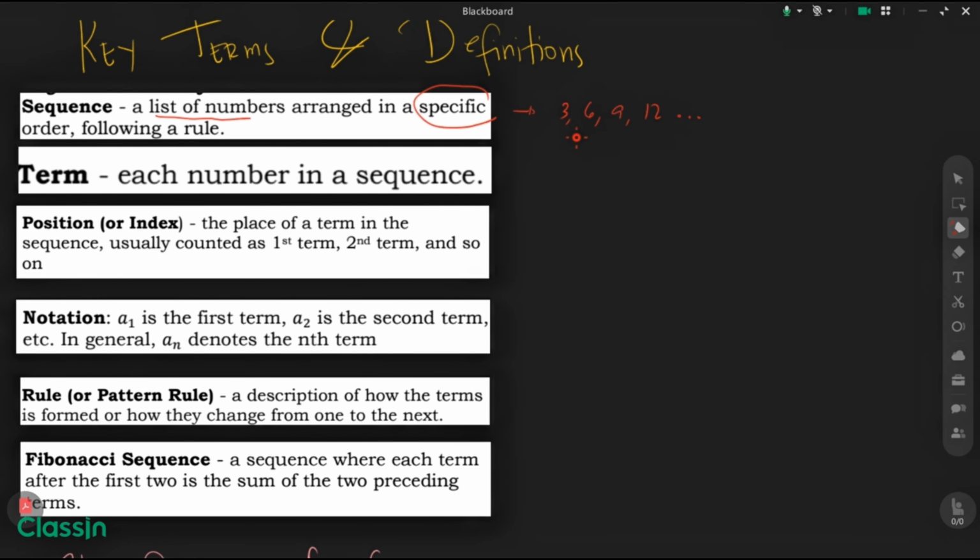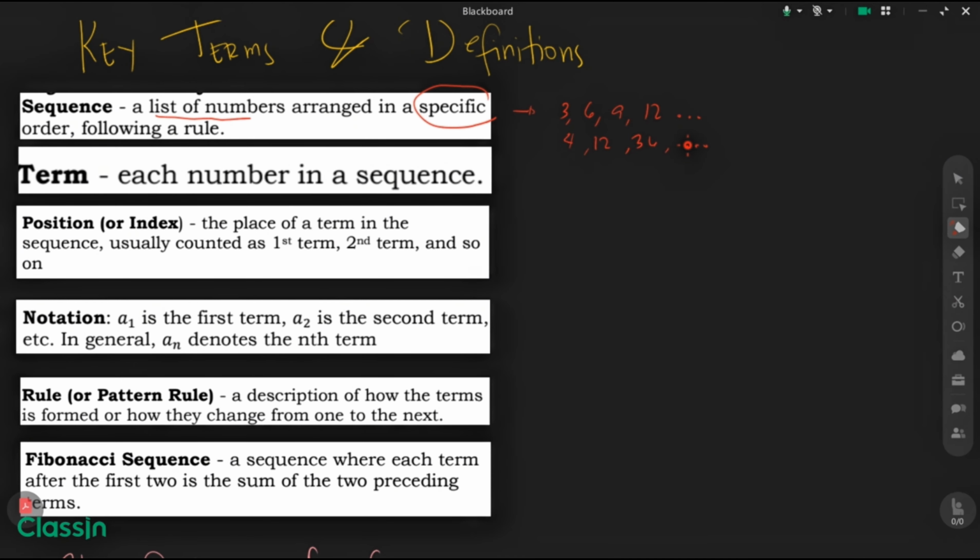Another example, we have 4, 12, 36. Here the pattern is multiply by 3. Alright, the next term is term. A term is each number in a sequence.